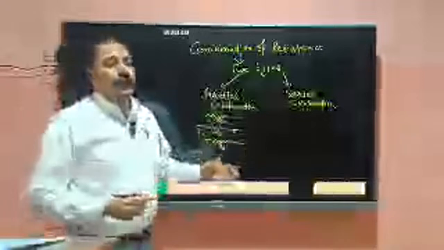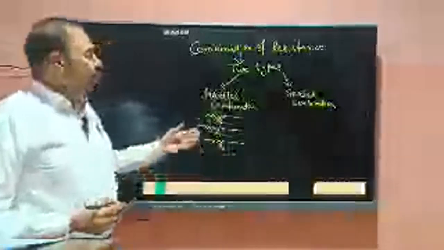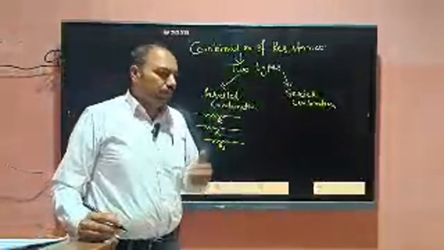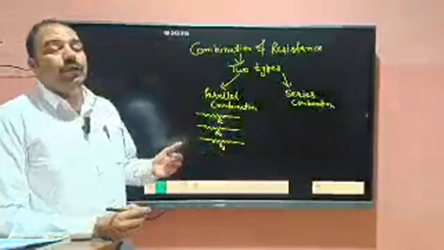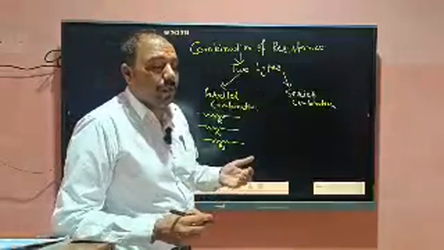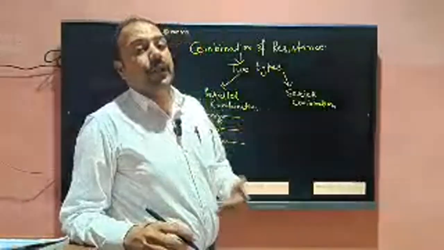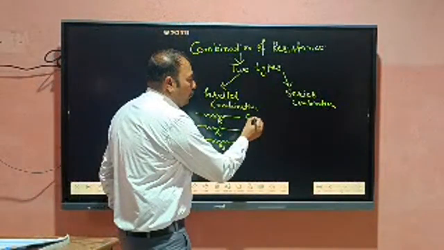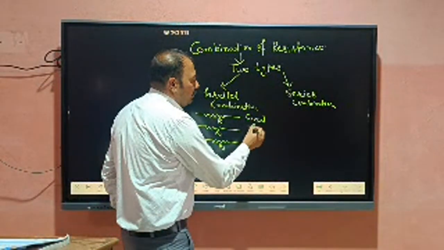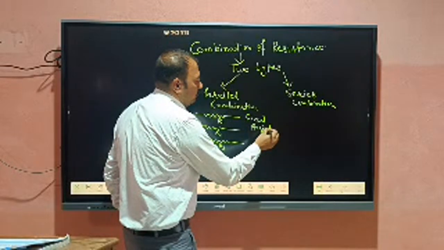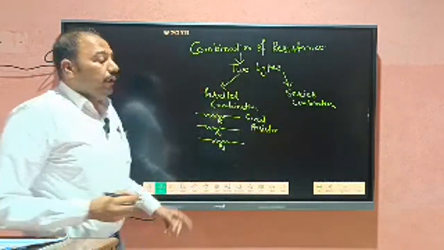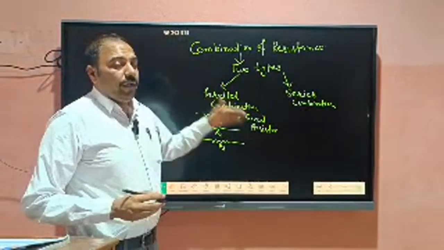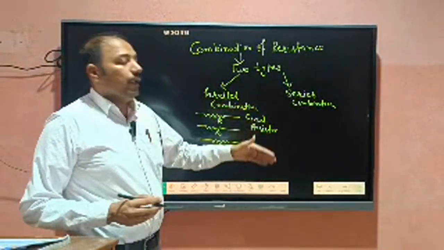So basically these resistors are fixed resistors whose resistance does not change, and another type of resistor is also counted, that is known as a variable resistor. A variable resistor is a resistor whose resistance varies. So here we take fixed resistors. We connect these resistors in two ways. First series combination and second parallel combination.